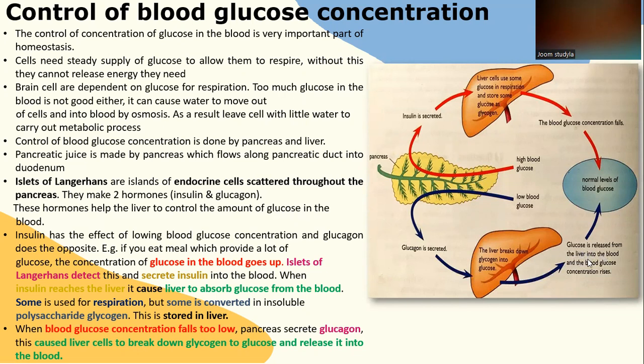Glucose is released from the liver into the blood, and the blood glucose concentration rises, and it goes back to the normal level of blood glucose.